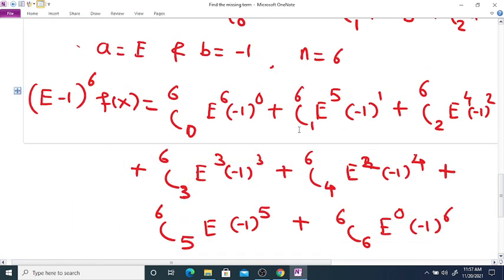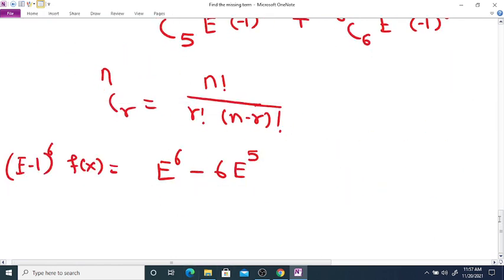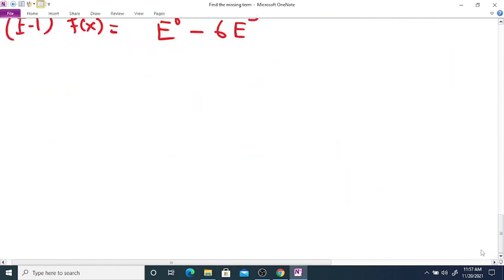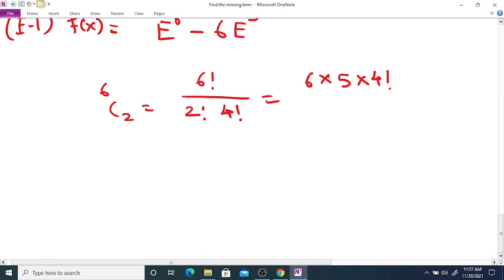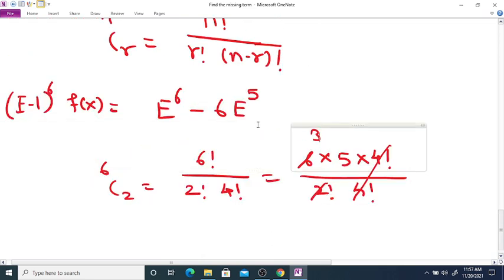Next 6C2. What is 6C2? 6C2 is equal to 6 factorial divided by 2 factorial times (6 − 2), which is 4 factorial. So this is 6 times 5 times 4 factorial divided by 4 factorial times 2 factorial. This gets cancelled here, and this is equal to 15. 3 times 5 is 15.